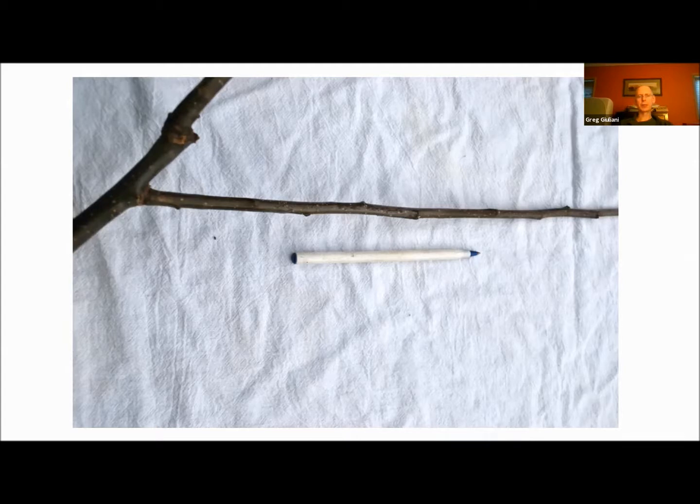What I'm trying to say is you want to match the diameter of the scion wood with the diameter of the rootstock at the point where you're going to graft, so you can get a good mating of the two surfaces.